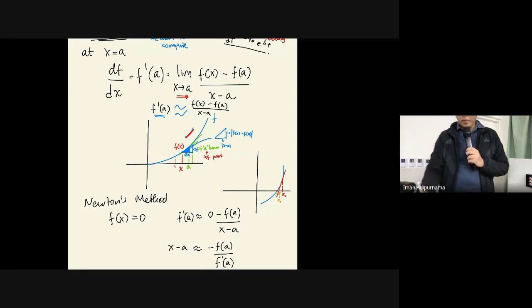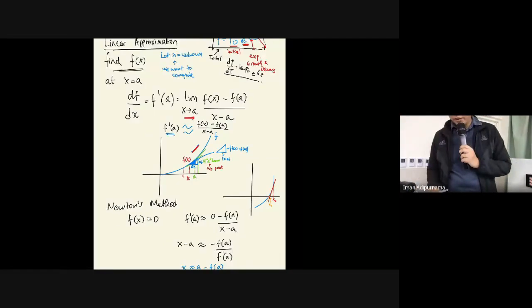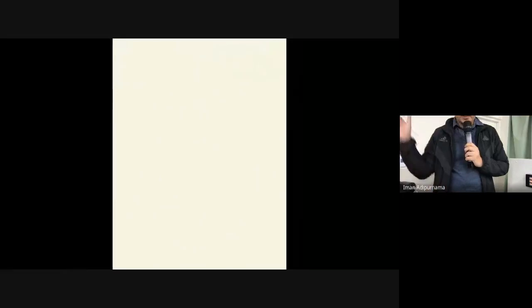Okay, before we enter chapter 4, let me briefly introduce something I think you already have in physics. You usually have S for the position.